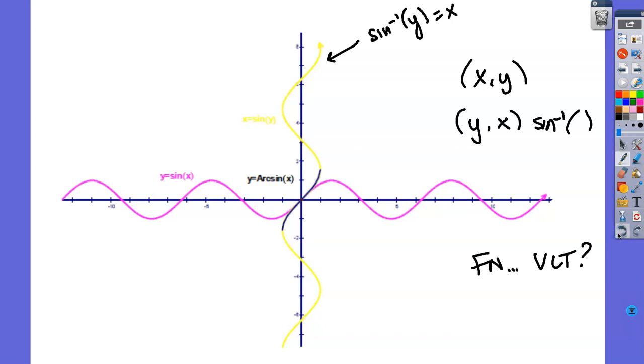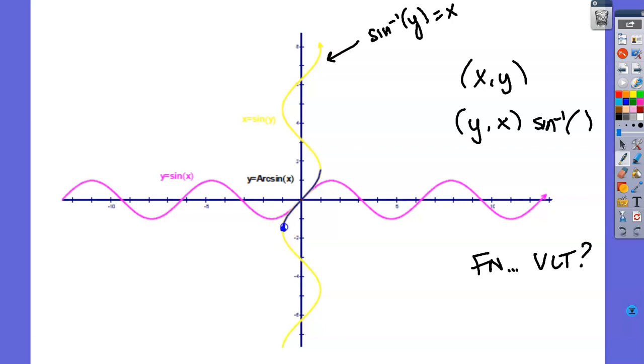So what we did as mathematicians is we said, okay, we're going to pick a particular part of that inverse graph and we're going to restrict the values so that it does create a function. And to make it easiest, we wanted to pick the section of this inverse graph that was the closest to 0 but had all the values. So you'll see there, I'm actually going to do it in blue.